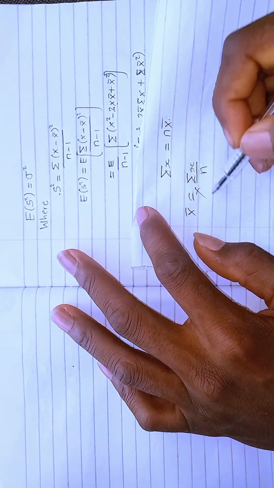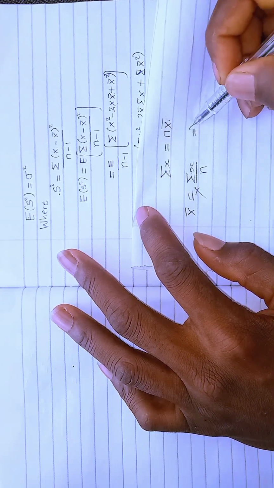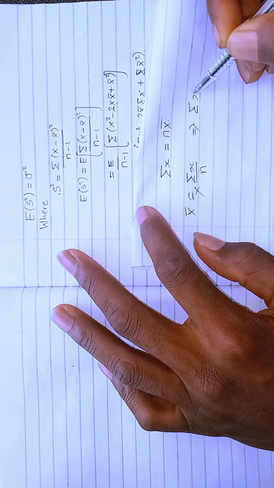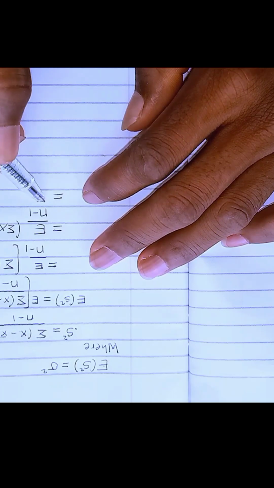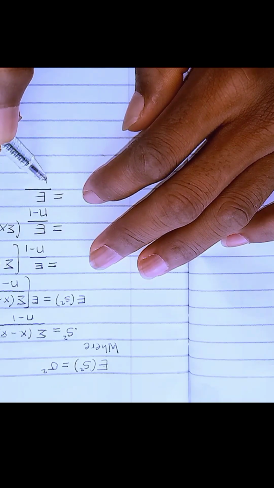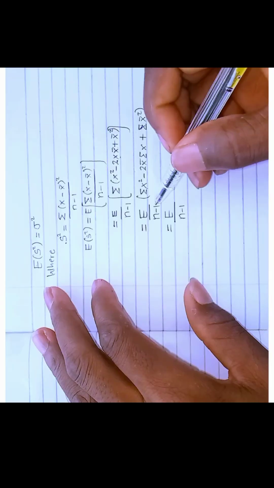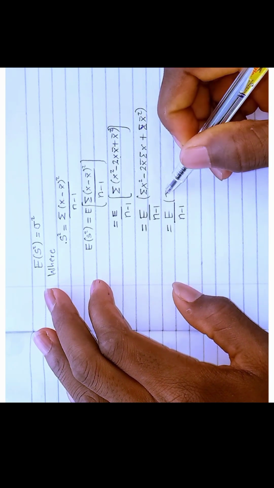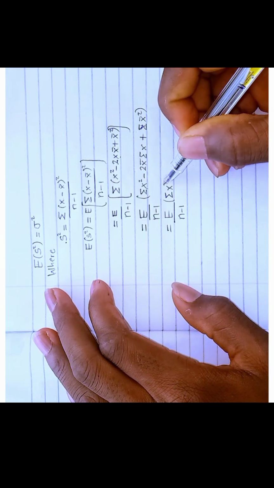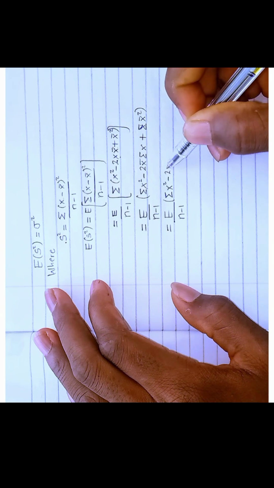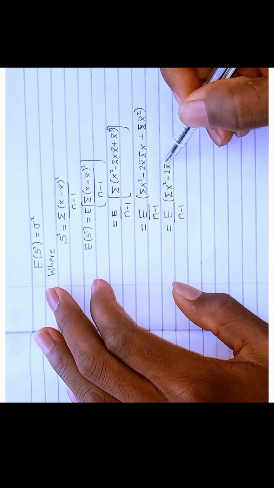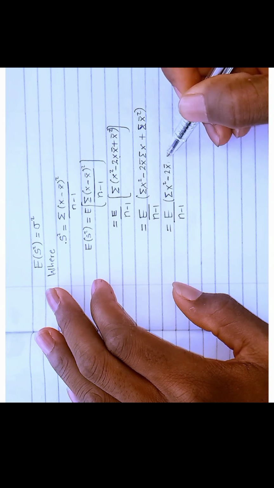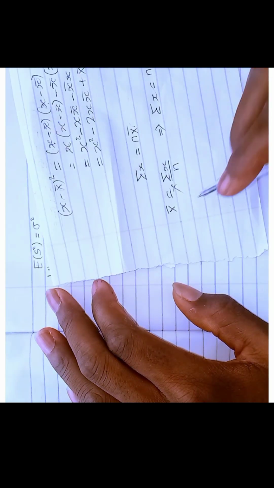So when you cross multiply to get this alone, summation x is equal to n x bar. We now have it equal to the expected value all over n minus 1, bracket summation x squared minus 2x bar, and instead of summation x, we are now putting n x bar, since we just proved it here.